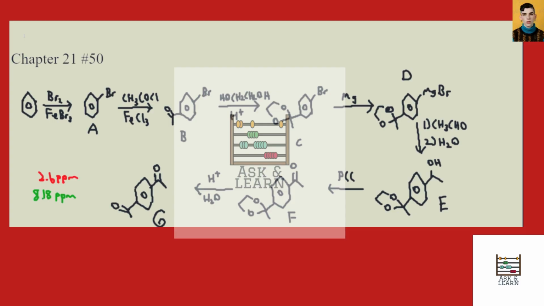And so our 2.6 signal is going to be the three protons on each of these methyl groups. Whatever its relative integration is, its actual value, it should be accounting for 6 protons, because it's going to be each of those groups of 3, but of course they have no neighbors, so they're not going to split, so they're going to show up as singlets.